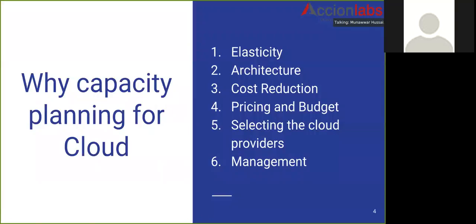So why do we need capacity planning? First of all, if you have a modern web application, you need elasticity. It has to scale at need and shrink if we don't need the resources. And if you are designing an application, you have to make sure that the application's architecture is such that it scales with the infrastructure.